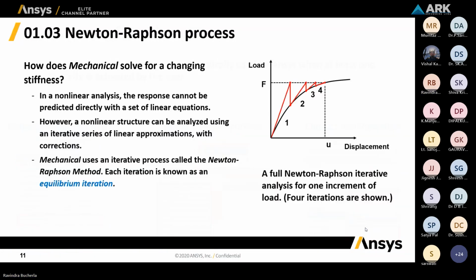Okay. So whenever we have any of these three nonlinearities, as we discussed, our stiffness matrix will change with respect to force. So how we are going to calculate the updated stiffness for each problem is by using the Newton-Raphson method.